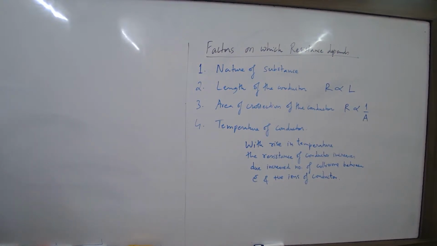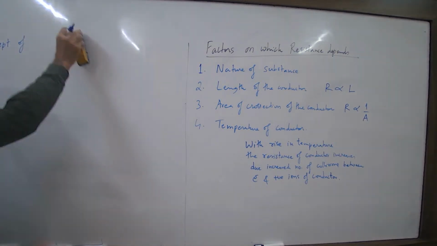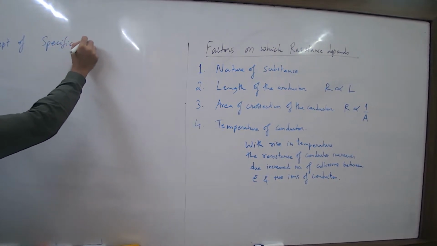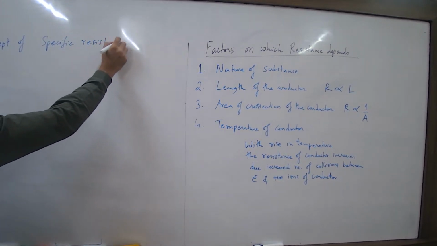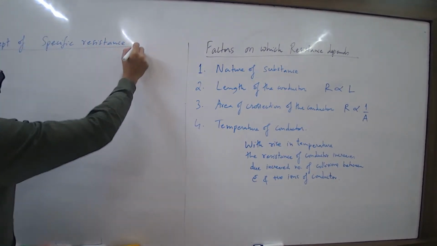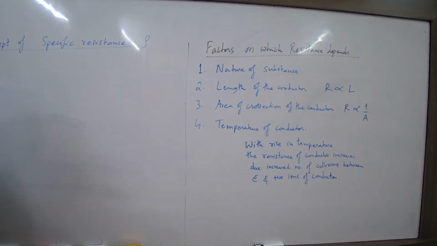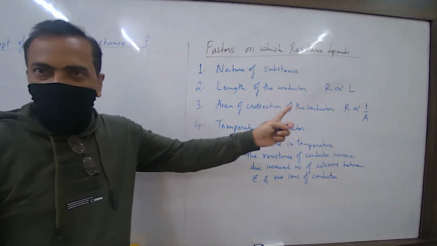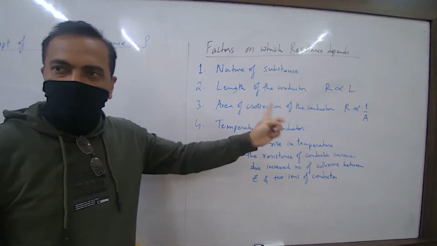Okay. Factors on which resistance depends. So now let us do the concept of specific resistance. What is specific resistance? Rho. If the length increases, resistance increases. If the area increases, resistance decreases.